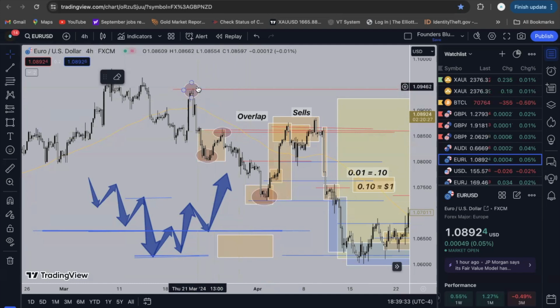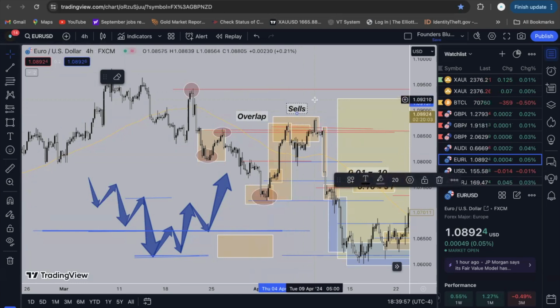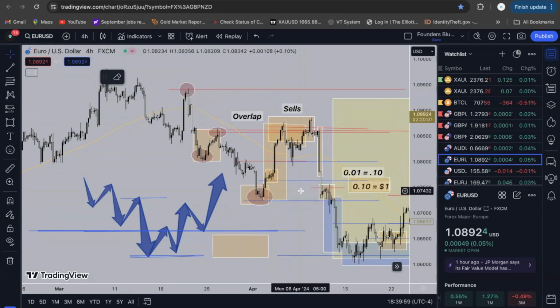In a downtrend, all we want to do is identify our structure. Lower highs, lower low. Lower high, lower low. From this point, we trade from our lower high point to our lower low. Until this is broken, we're still anticipating sells.